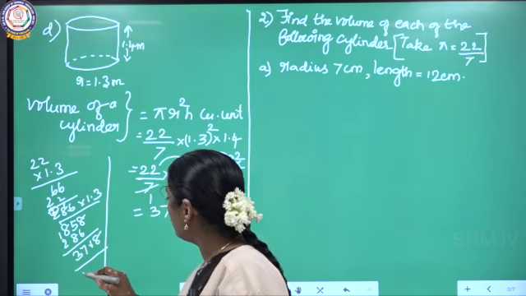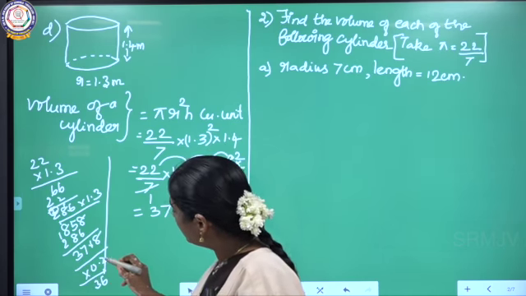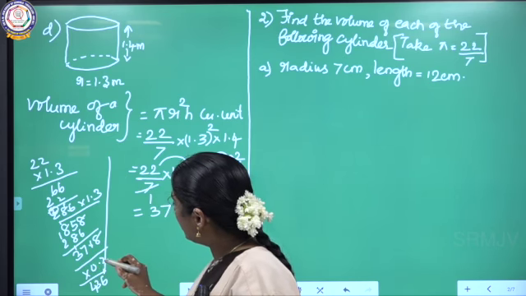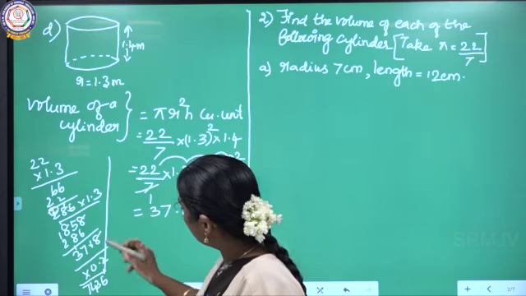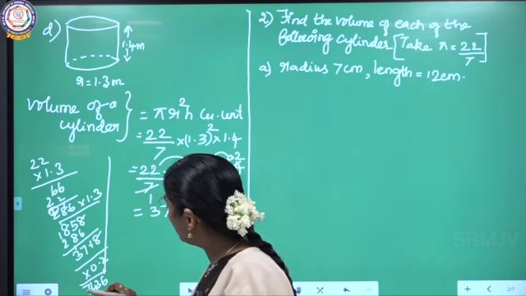Into 0.2. Listen, 8 2s are 16, balance 1, 3, 7 2s are 14, 3 2s are 6, 6 plus 1 is 7. Here 2 digits after, here 1 digit. So 3 digits after I am going to keep the decimal.